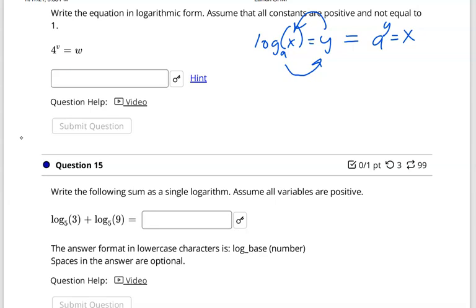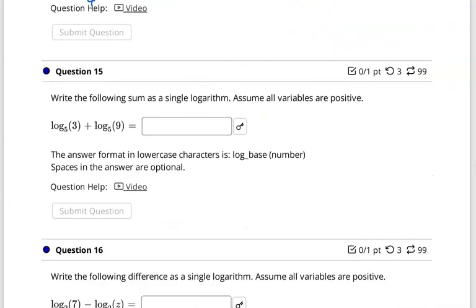So let's just write out log something to something equals something. Well, 4 to the v equals w. Think through that. Whatever way helps you to know what that looks like. If you do enough, you'll recognize it. But that's a perfectly fine way. Just write down that equation.